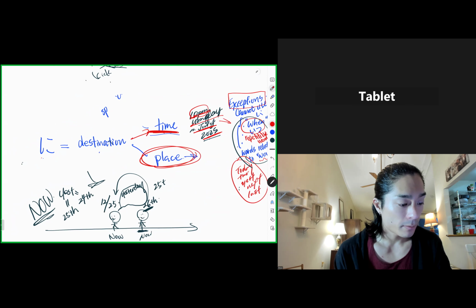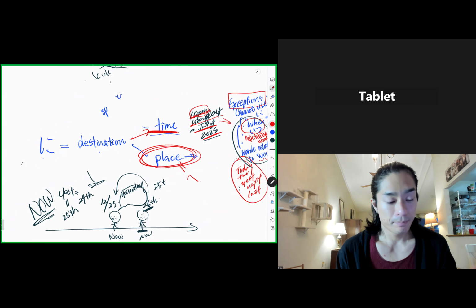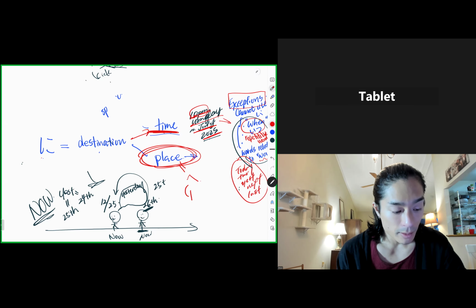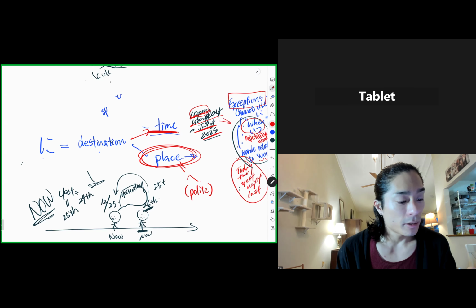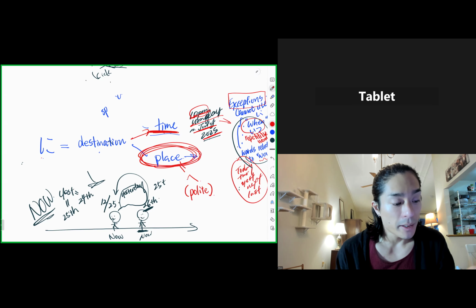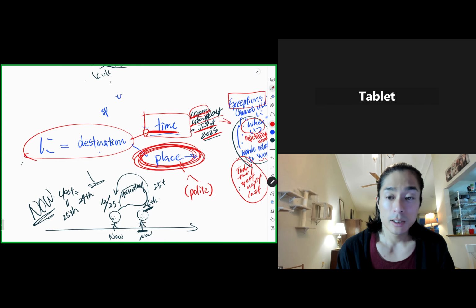This function, specifically about place, is the same as ni, but the polite version. So e is just the same as one of the functions of ni. So it's really minor. And also, it's only the polite version of ni, right?